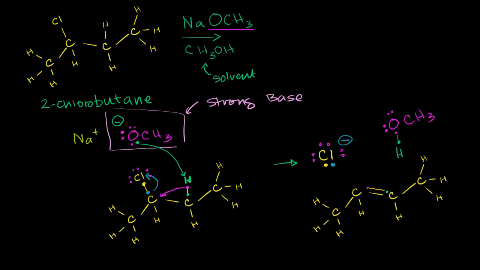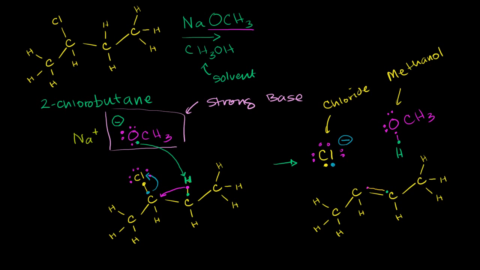So what are we left with? We have a chloride anion. We now have methanol. This was a strong base, and now it has become its conjugate acid. So now we have methanol, which is the same as the solvent, so it's now mixed in.